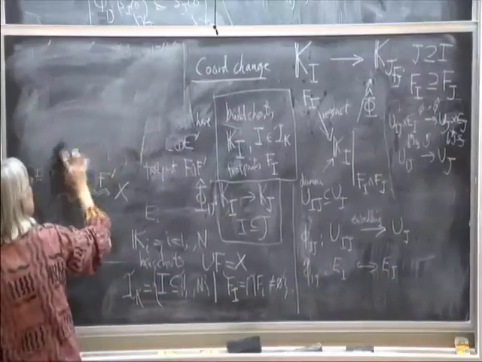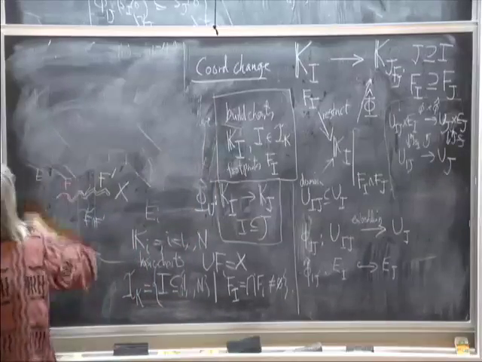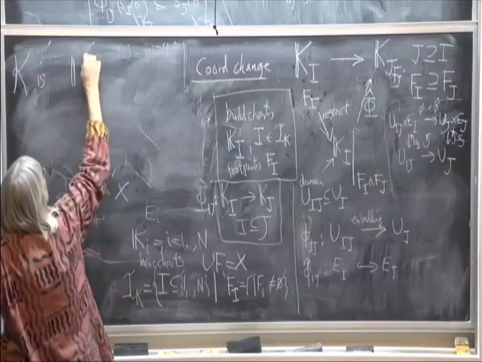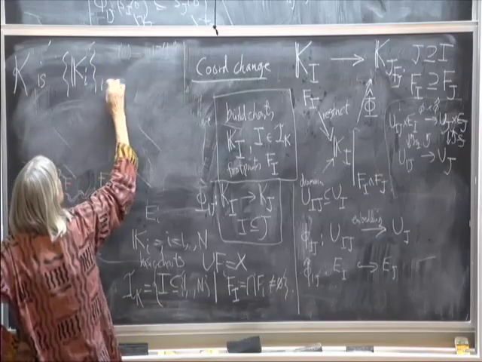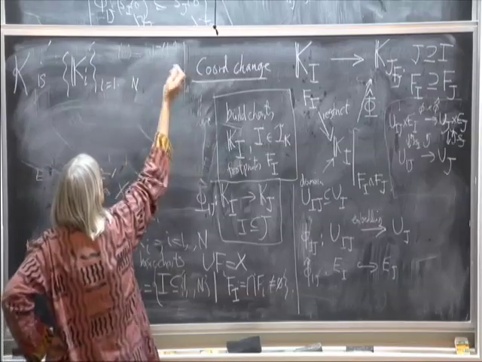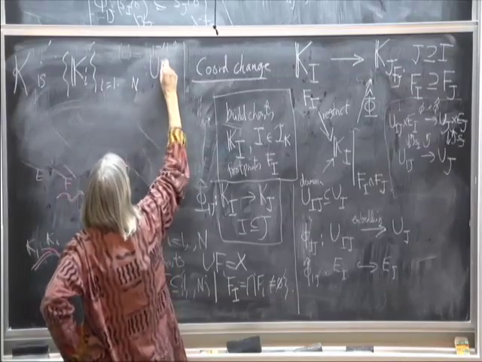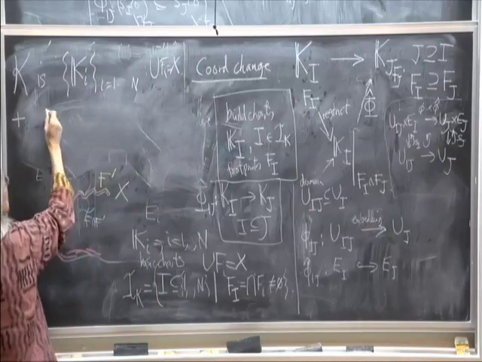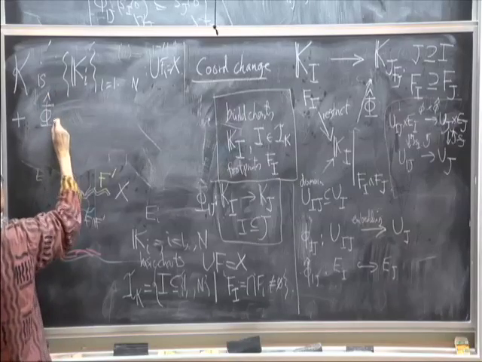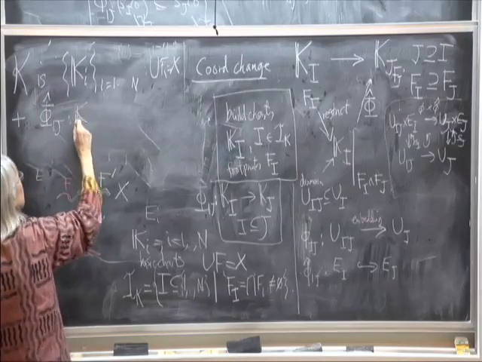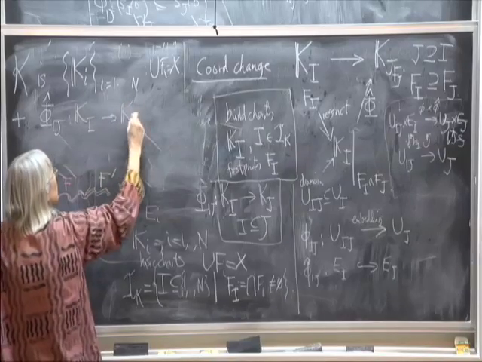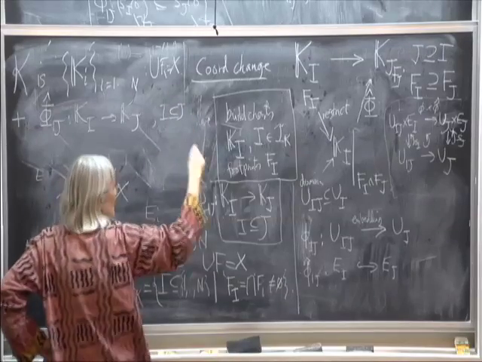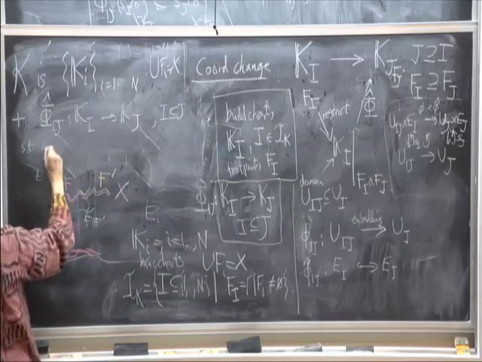So a Kuranishi structure is basically what I've indicated to you, which we're going to call K. Well, it's a collection of these basic charts, which give a footprint covering, together with all these coordinate changes, for whenever I is contained in J, and they both have non-empty footprint, so that the cocycle condition holds.